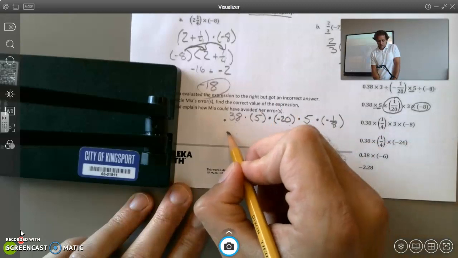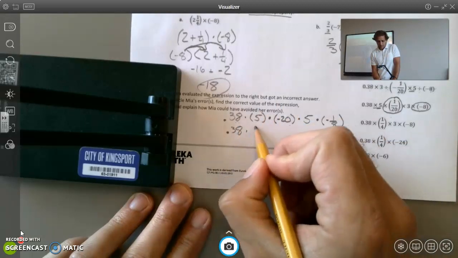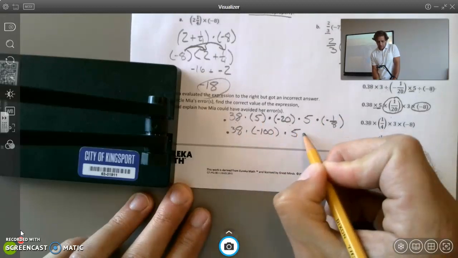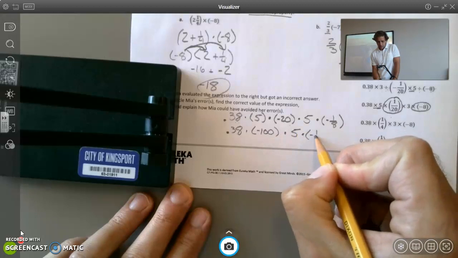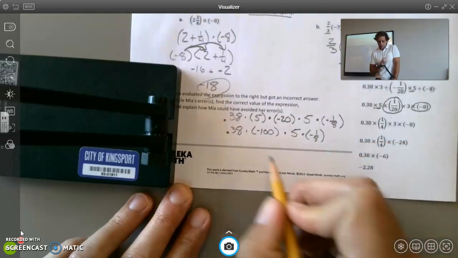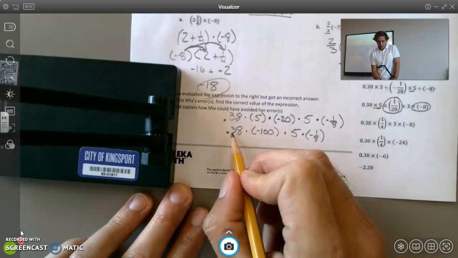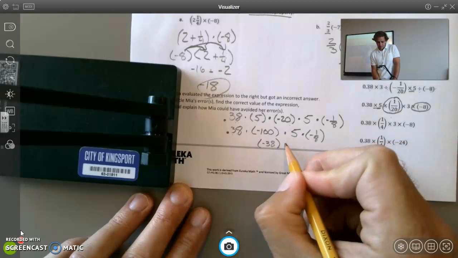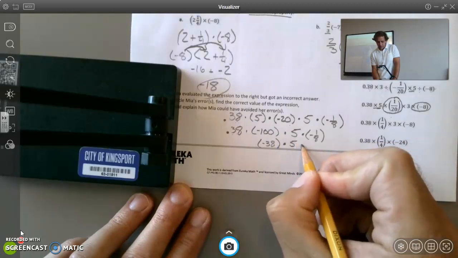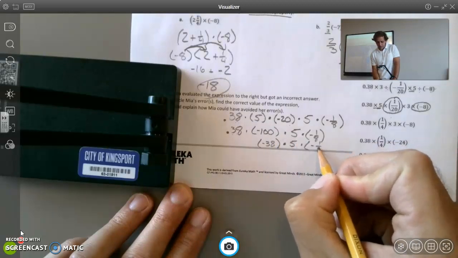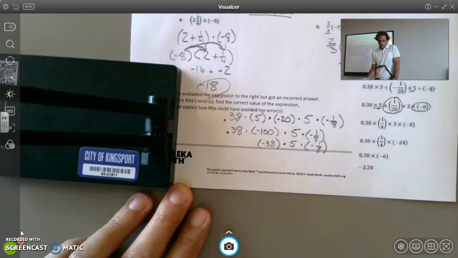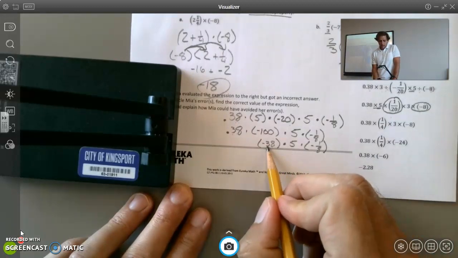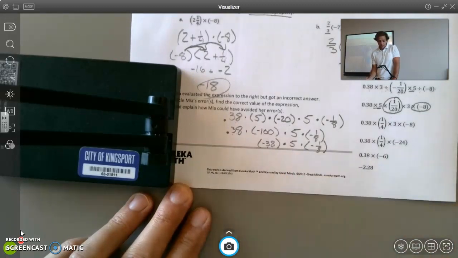So 38/100 times negative 100 times 5 times negative 1/8. If I multiply this out, I would get 38 times negative 100 over 100, which is negative 38, times 5 times negative 1/8. I actually think it would be easier if I change the order here.